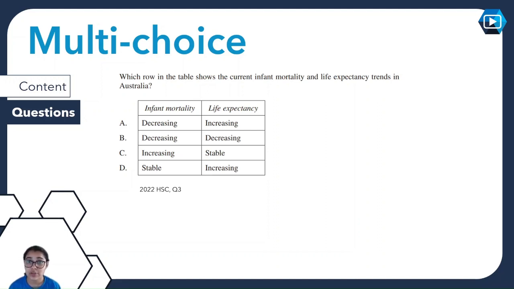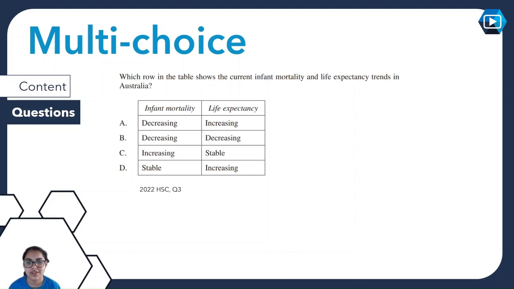They always strengthen your response, but knowing trends is adequate for both multiple choice and short answer questions, but it is good to have some statistics with you. For example, knowing what the life expectancy is for First Nations people in comparison to non-Aboriginal and Torres Strait Islander Australians.